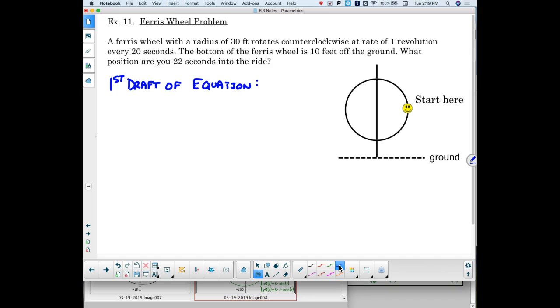So my x function is going to be what? And my y function is going to be what? I've got a Ferris wheel, 30-foot radius, rotating counterclockwise once every 20 seconds. Bottom is 10 feet off the ground. Come up with my x function, come up with my y function.